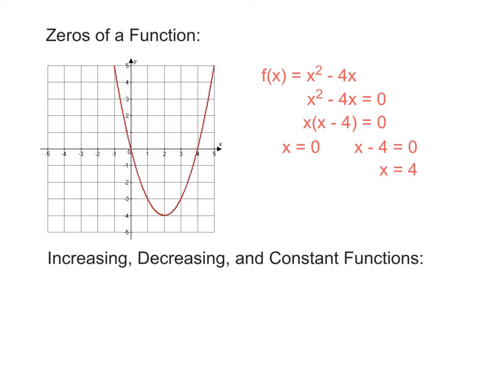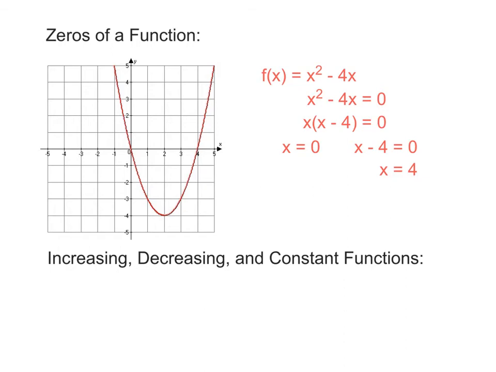So to the right of x equals 2, the function is increasing. To the left of x equals 2, the function is decreasing. So for values of x less than 2, the function is decreasing. For values of x greater than 2, the function is increasing.